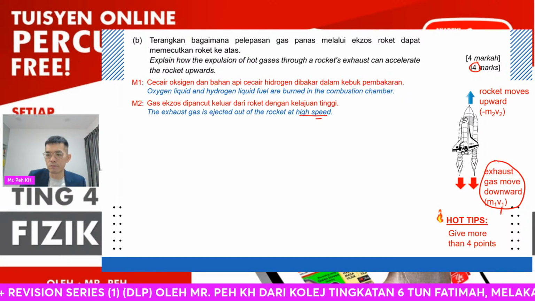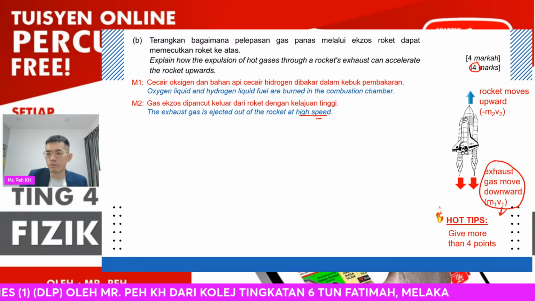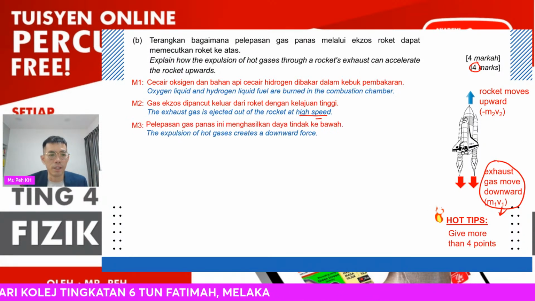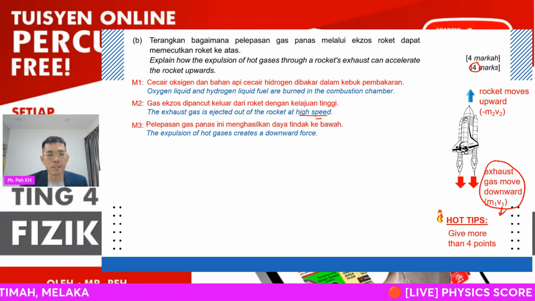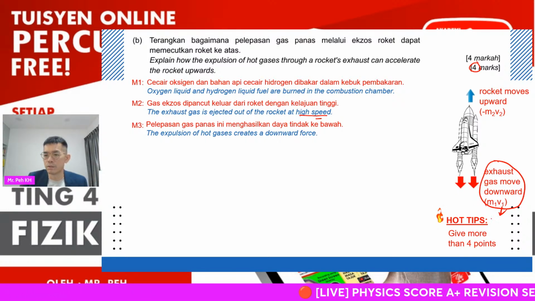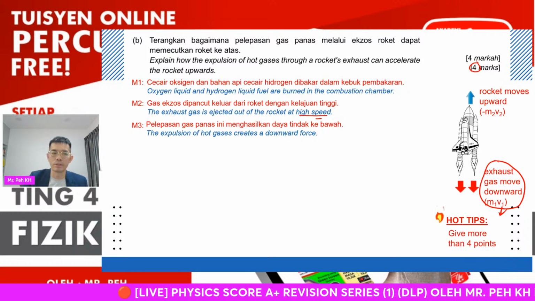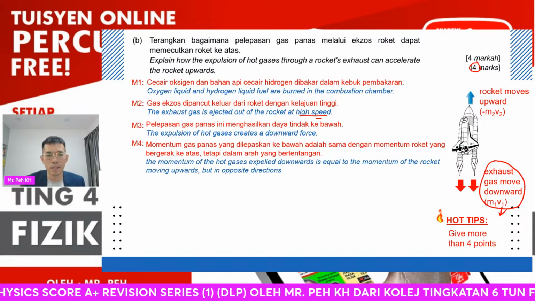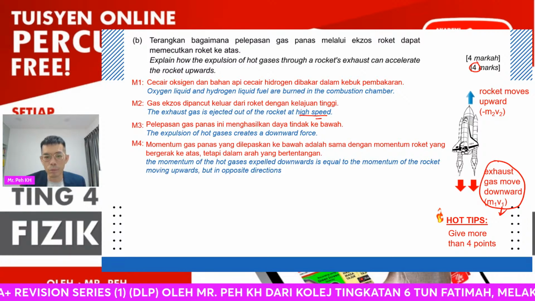So you see here involved V1. Okay, then the expulsion of hot gases creates a downward force, which will be shown by the red arrow here. Then the momentum of the hot gases expelled downward.